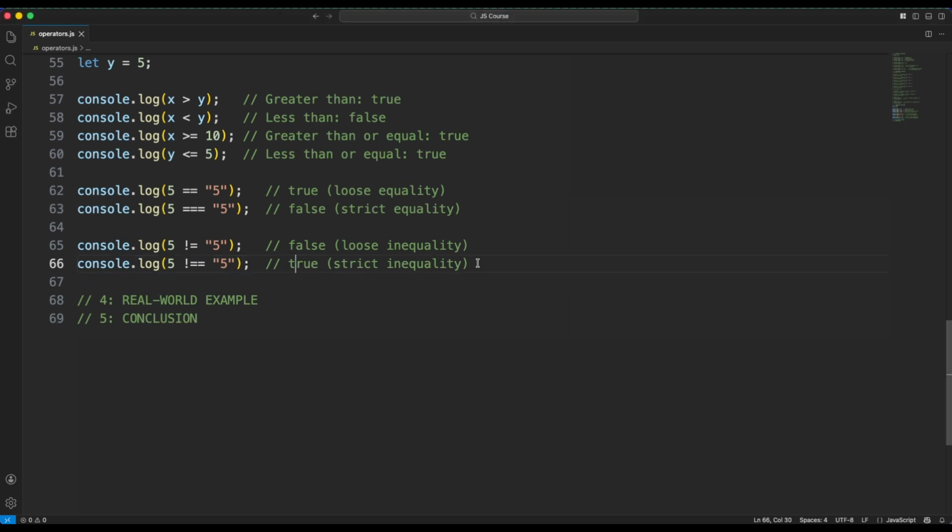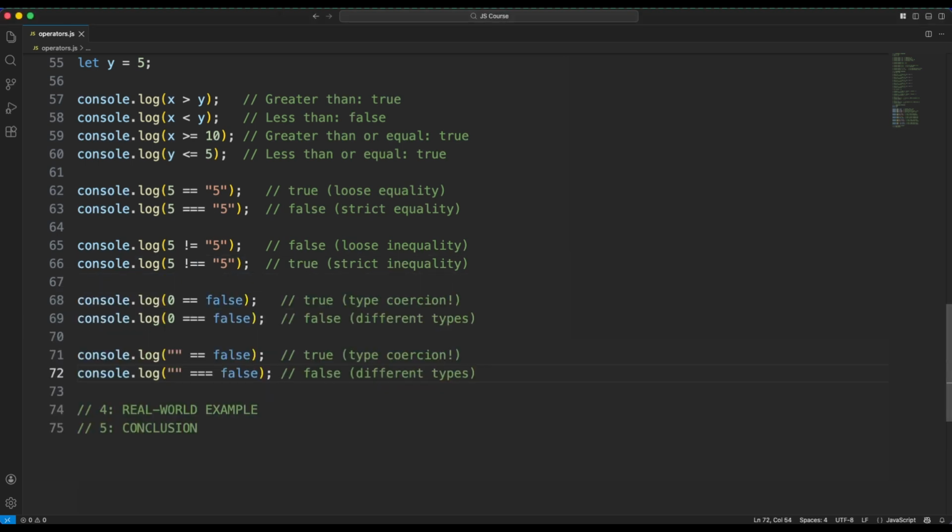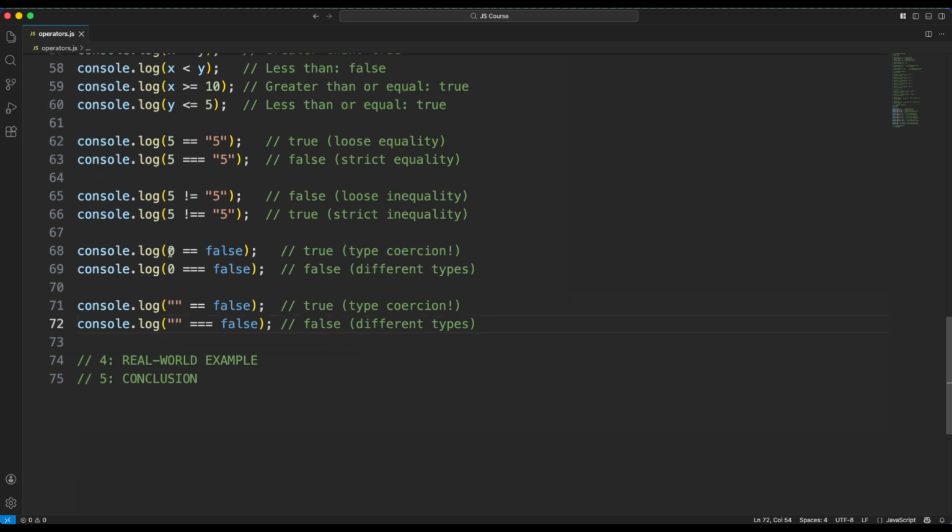Here are some real world examples where this matters. 0 double equal false, 0 triple equal false, or string double equal false. Different types, right?